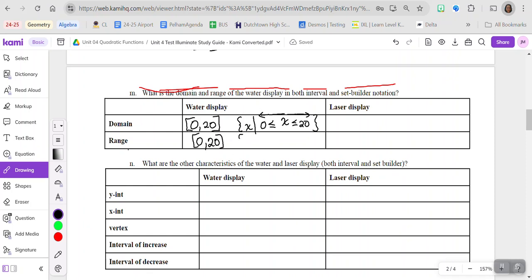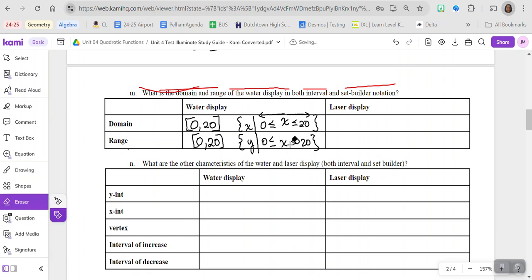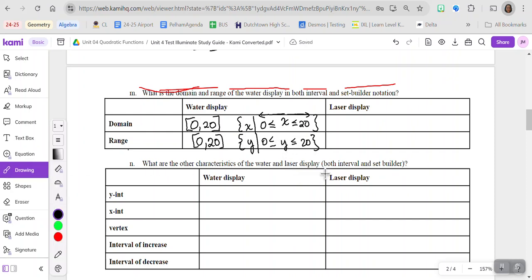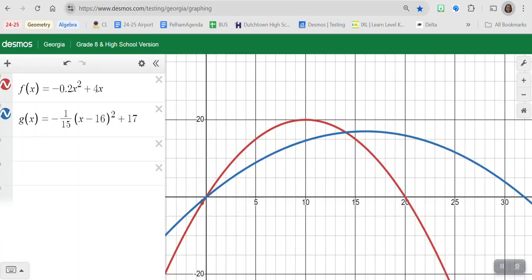Except now we have to use y. Ooh, you see the mistake that I just made? I said y and I still wrote x, so be careful on that. Okay. For the laser display.